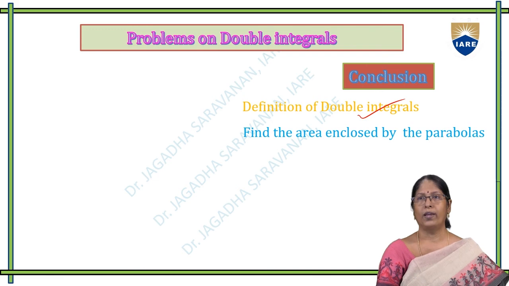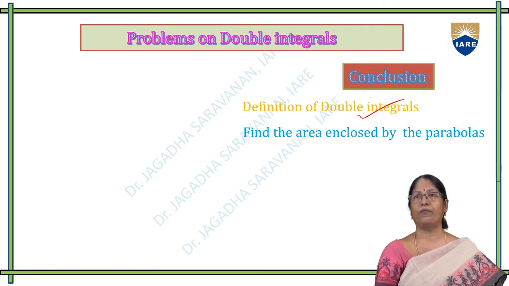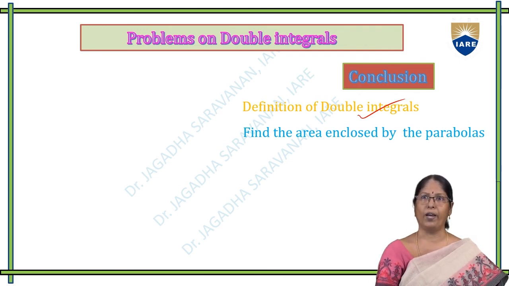Cartesian form, in the direction of x and y, the dimensions are given, whereas polar form, radius and angles are important, and the function is in terms of r and theta, whereas in Cartesian form, the function f is defined in terms of the variables x and y. That we discussed in detail through this video lecture.